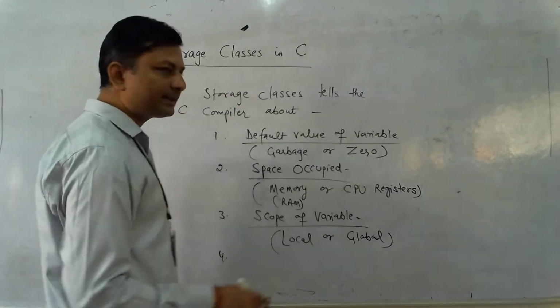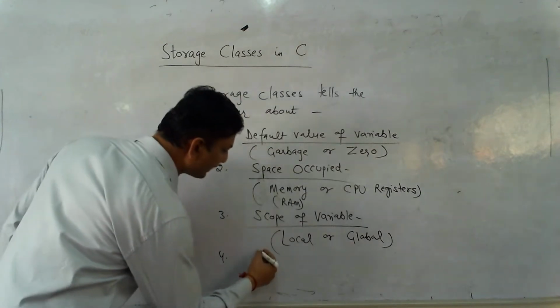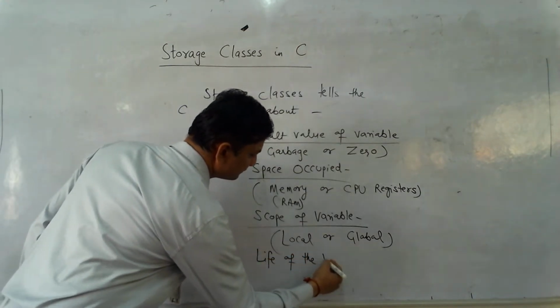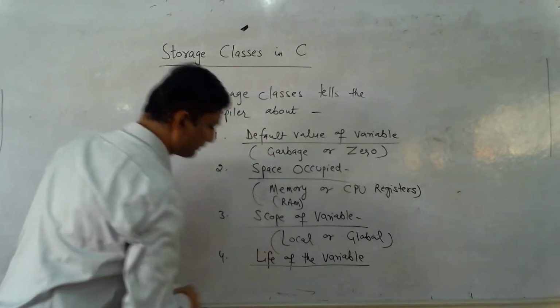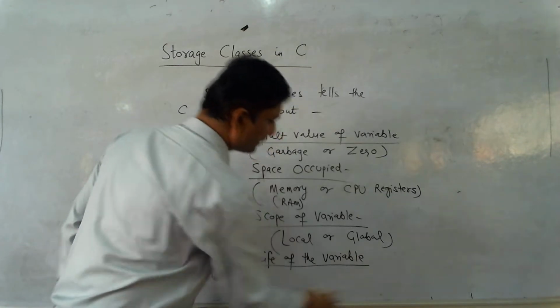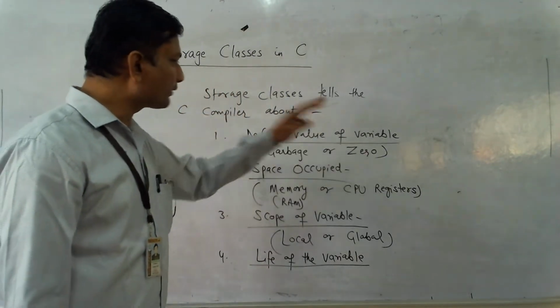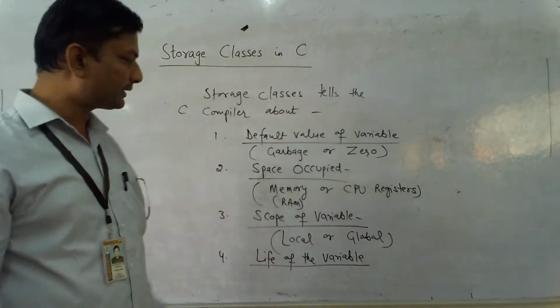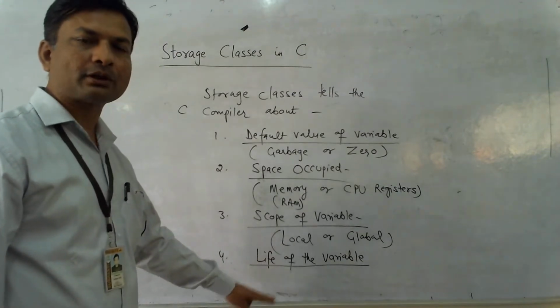And the last thing that any storage class tells the C compiler is the life of the variable. Like we have two default values, two places where a variable can occupy space, and two types of scope, similarly we have two types of life.